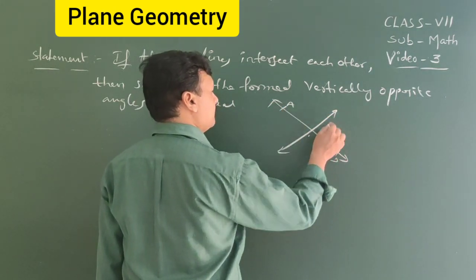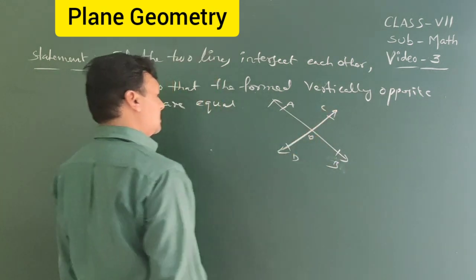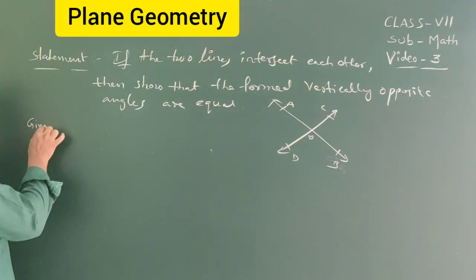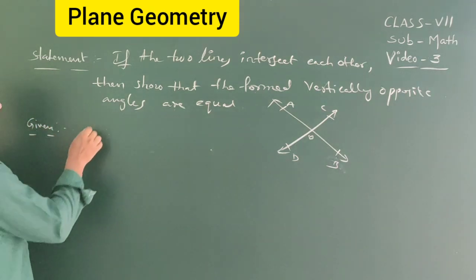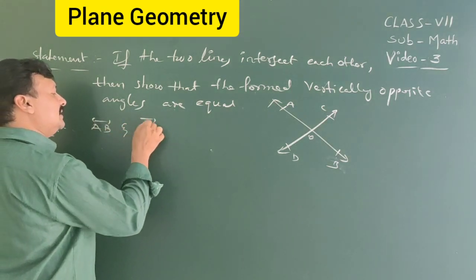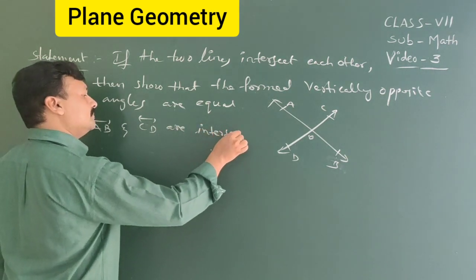Here AB and CD intersecting lines meet at O. Given, our hypothesis: AB and CD are intersecting lines.